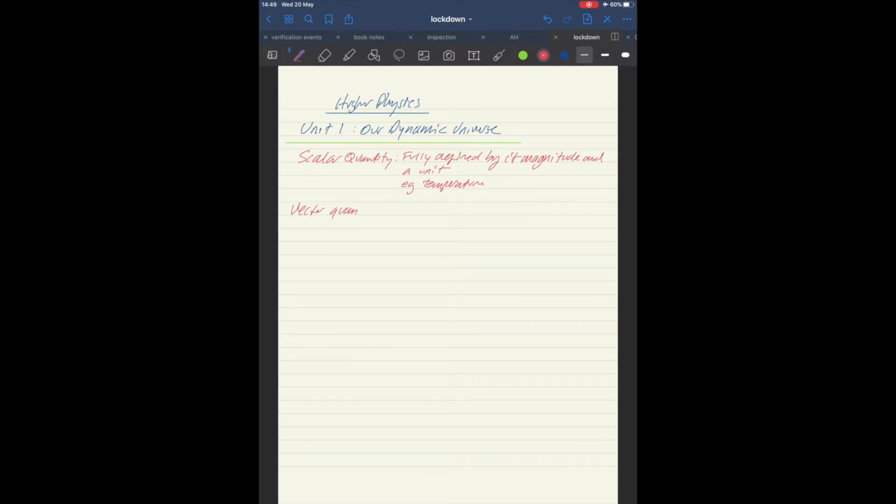A vector quantity is fully defined by its magnitude, direction and a unit.